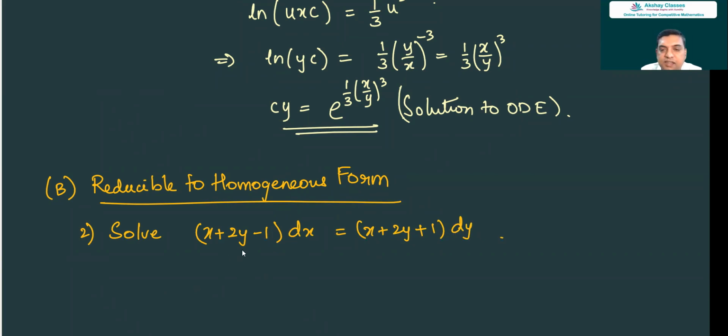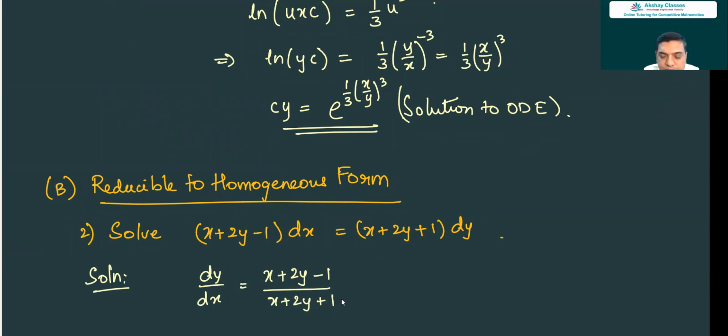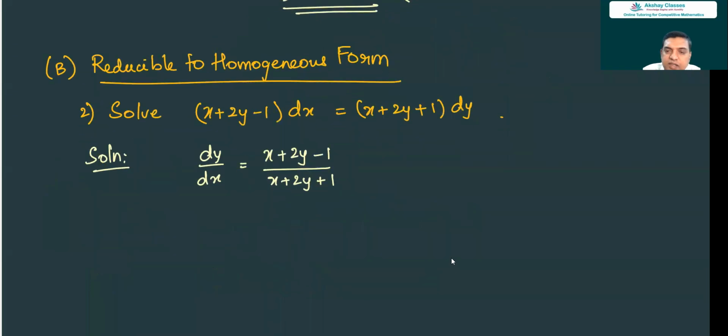Of course we can write dy by dx is equal to x plus 2y minus 1 by x plus 2y plus 1. Now this is a homogeneous expression.